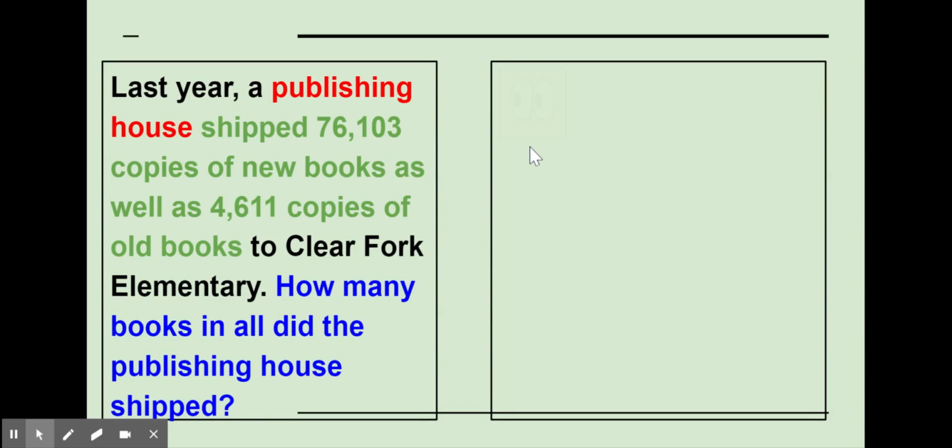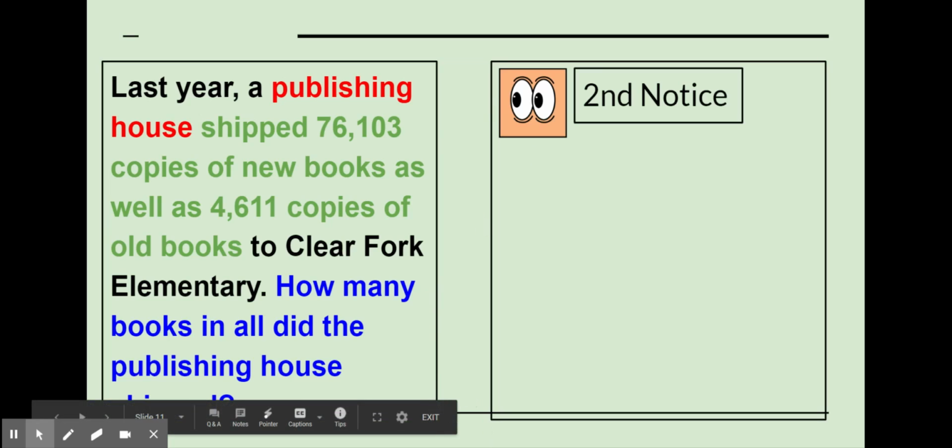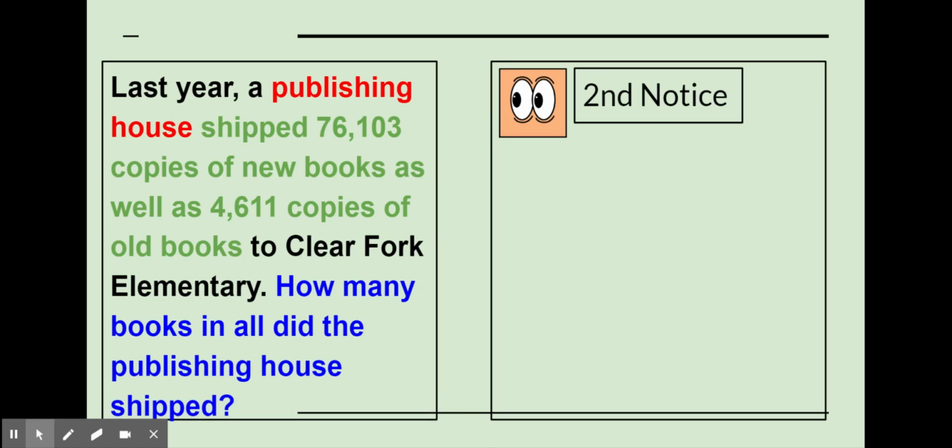Now let's move on to our second look or our second read through. Last year, a publishing house shipped 76,103 copies of new books, as well as 4,611 copies of old books to Clear Fork Elementary. How many books in all did the publishing house ship?